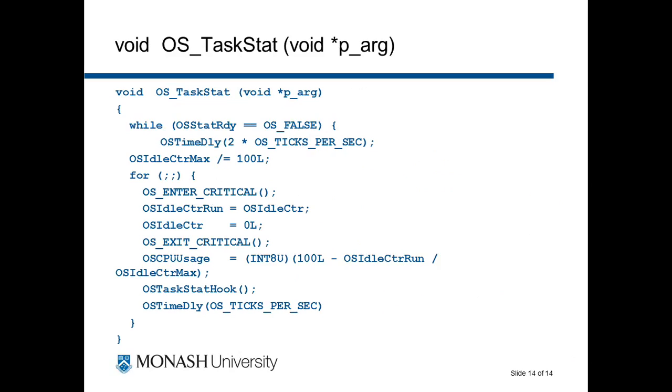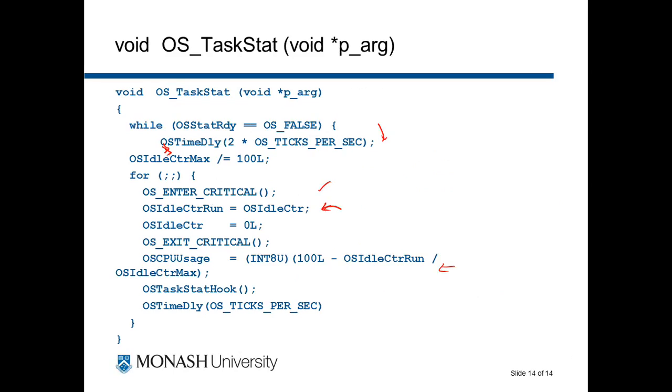I've just copied the actual statistics task here. Again, this is first check if you're ready, time delay, I'm missing a semicolon here. Close bracket. Then you just run this task, enter the critical section, check your idle counter, and then compute your CPU usage.